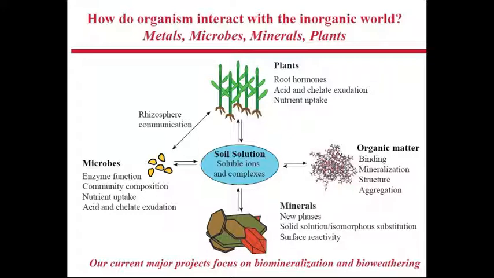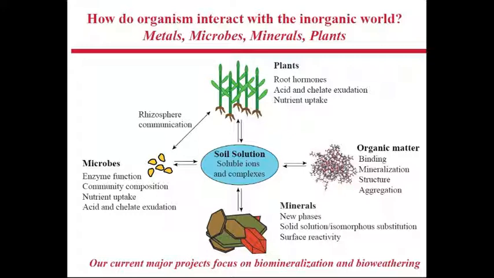If you think about it, water is at the center of everything because it really mediates a lot of the interaction in biology and a lot of the processes that happen in the near Earth surface. Plants release chemicals that go into the soil solution. Those chemicals can interact with microbes. The microbes can interact with minerals. Those minerals are the ultimate source of micronutrients for those microbes, aside from carbon and nitrogen.